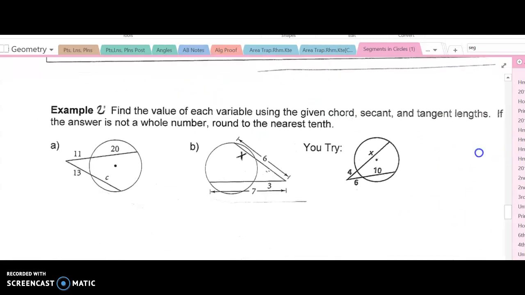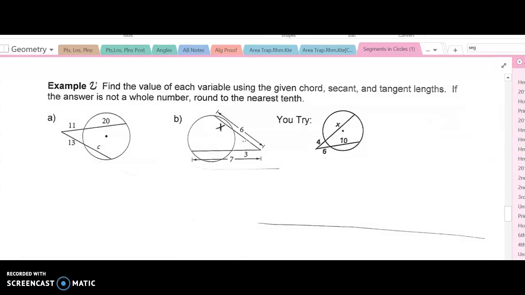All right, so let's look at example 2. Find the value of each variable using the given chord, secant, and tangent lengths. If the answer is not a whole number, round to the nearest tenth. So the formula would say you've got two secants, right? You've got the red secant and the blue secant, and it would say take the part on the outside of the top secant and multiply it times the whole secant.